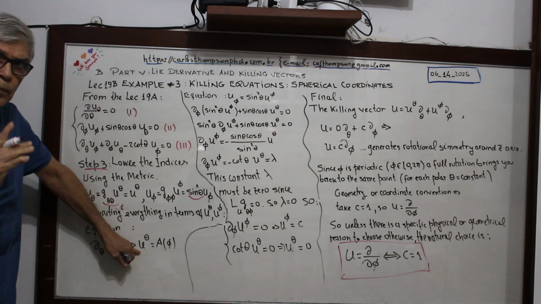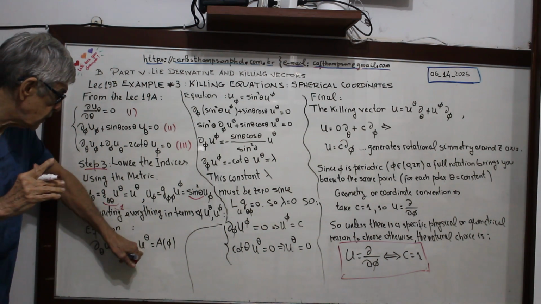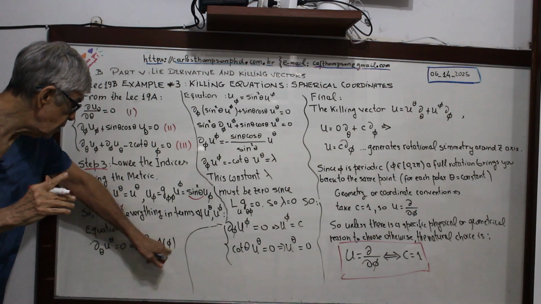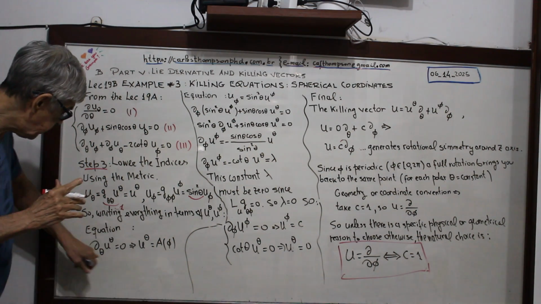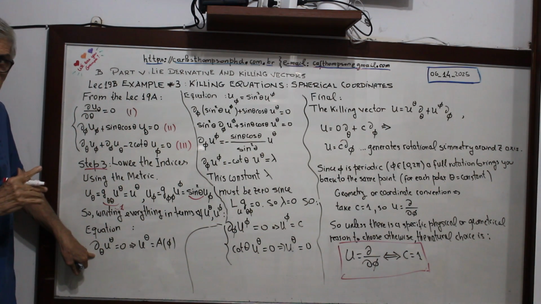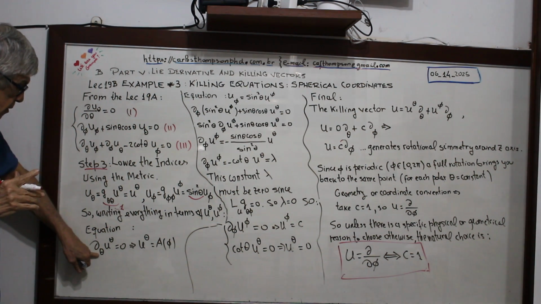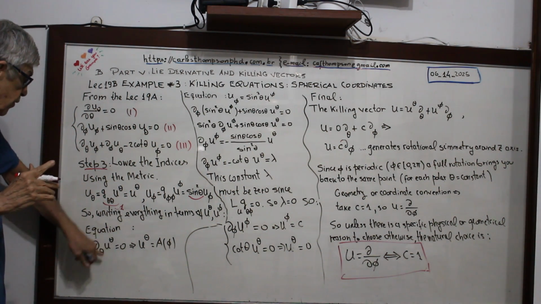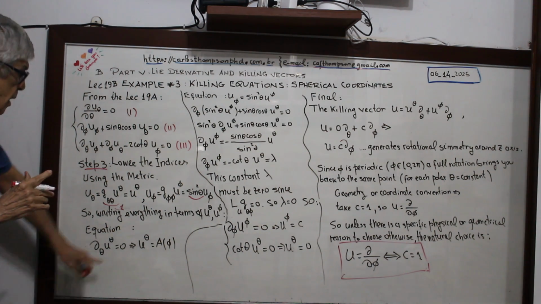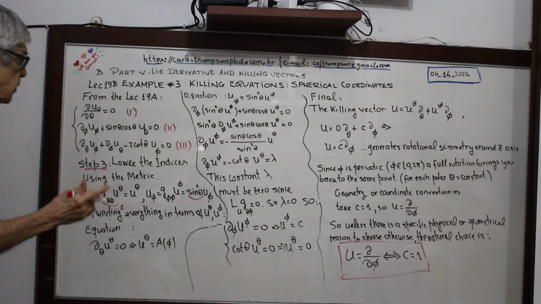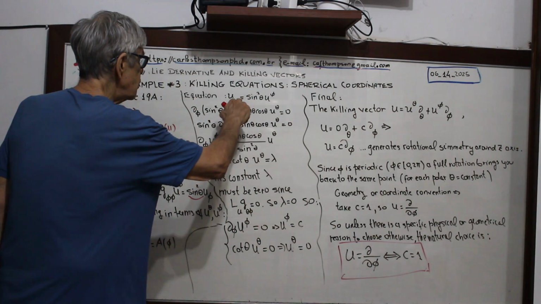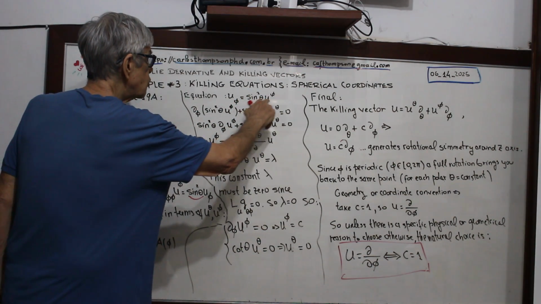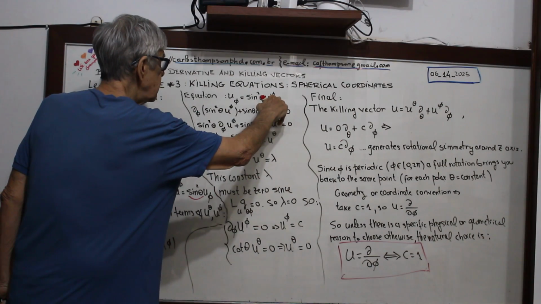It's a variable, but it's constant in theta. It does not depend on theta. That's what this partial differential equation means. So u phi is sine square theta times u phi.